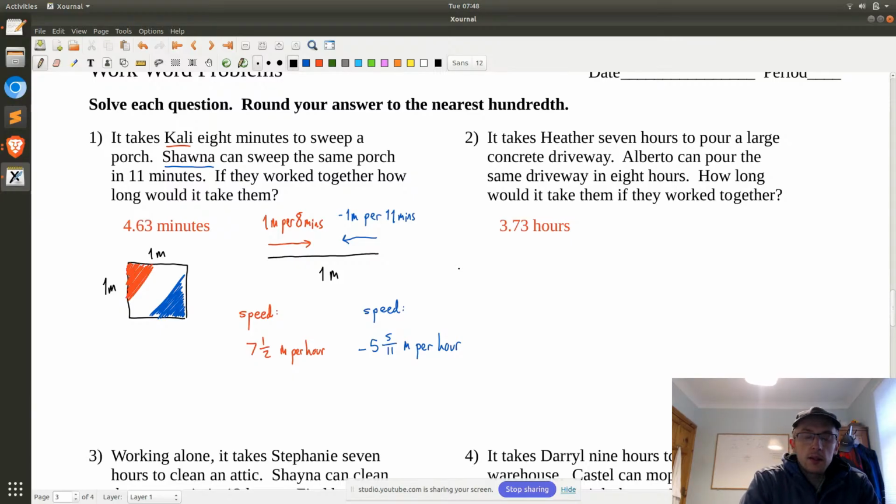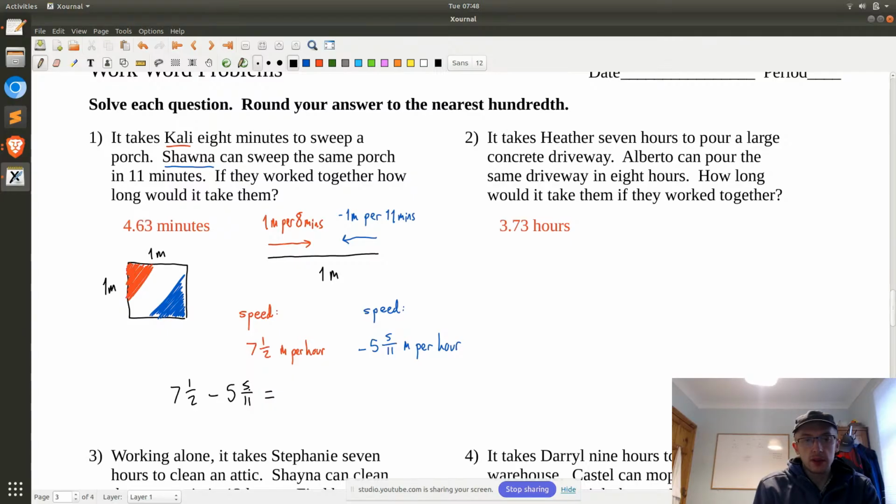Okay, and then you add their speeds together. Because if you think about it, this is like the brakes on a car, and this is like the accelerating pedal on a car. Although you would never operate a car in this way. So 7.5, take 5 and 5/11ths, which is, well, common denominator, please.